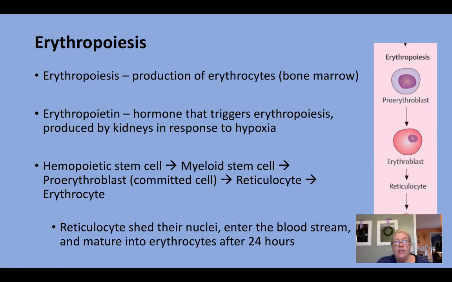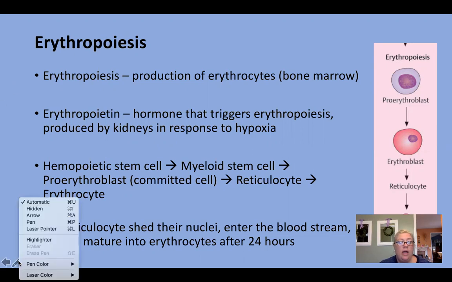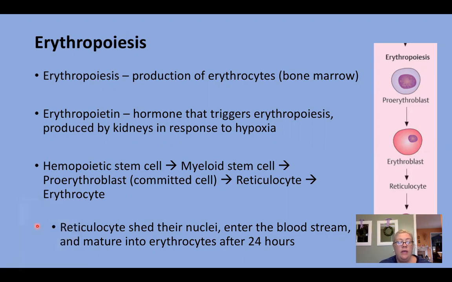The process through which erythropoiesis occurs is just like all other blood cell formations. We're going to start again with that hemopoietic stem cell. The hemopoietic stem cell is then going to become a myeloid stem cell.